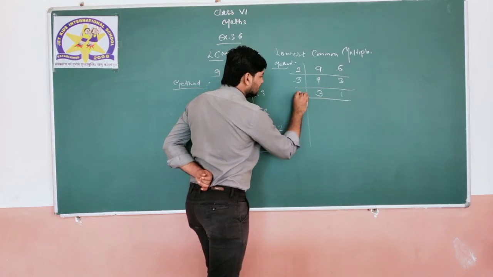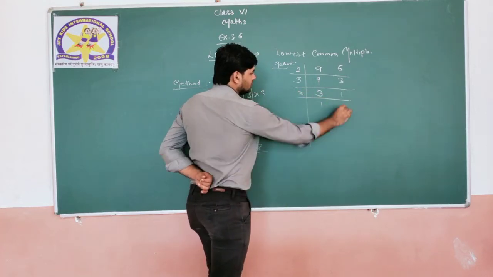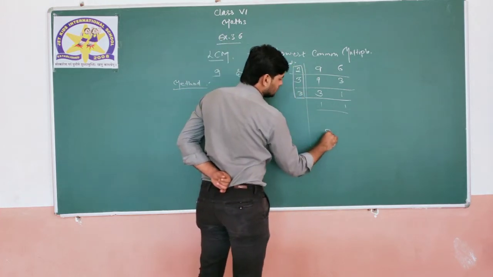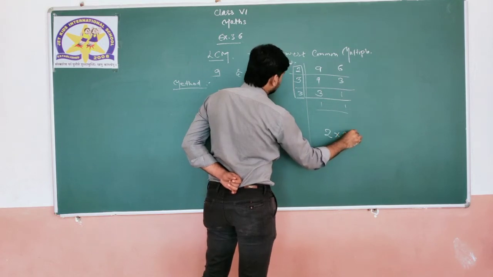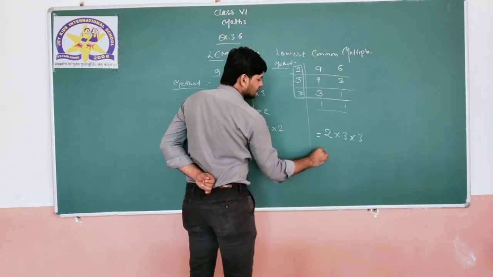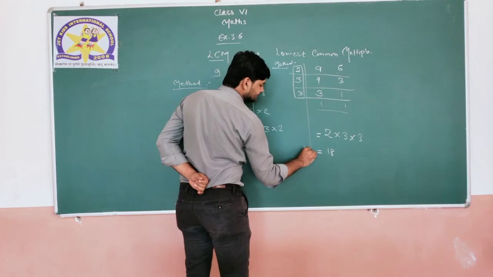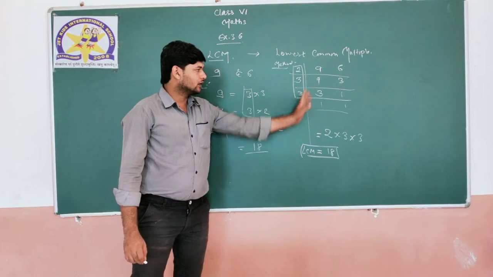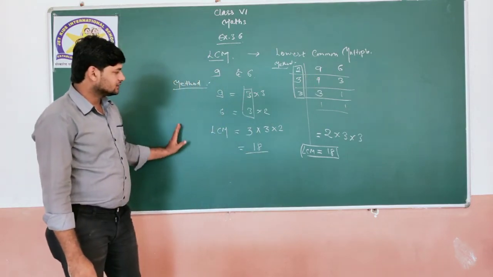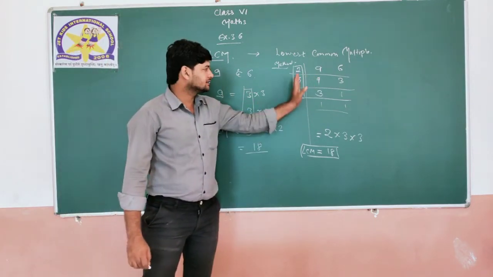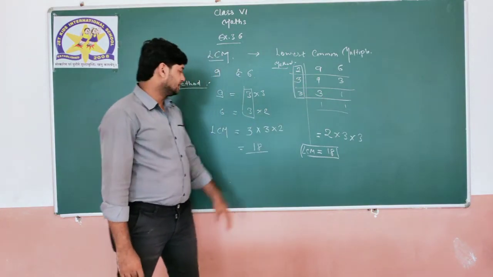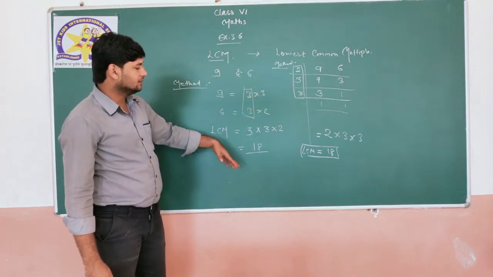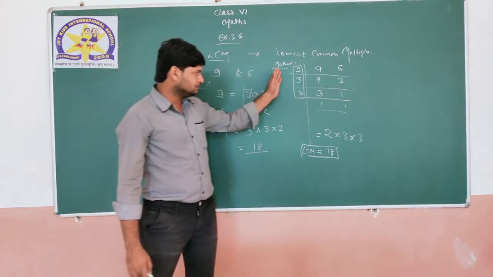Then again 3, and 3 ones are 3. Clear? So here we have found 2 multiplied by 3 multiplied by 3, which means the LCM is 18. This is also prime factorization, but done directly. No need to find the prime factors first and then compare them.